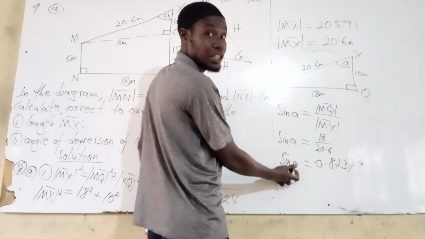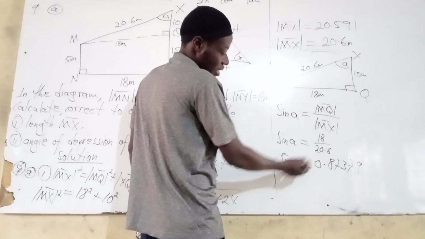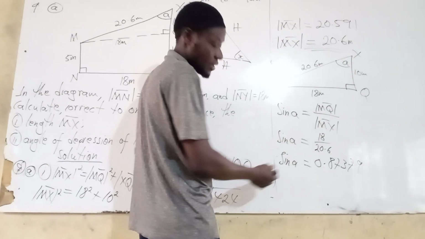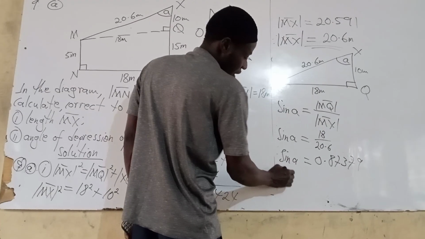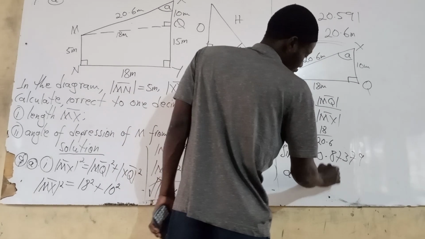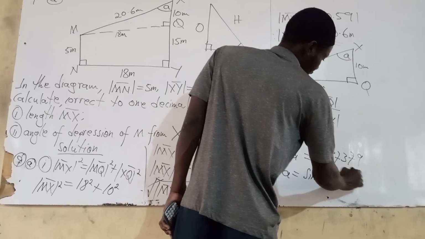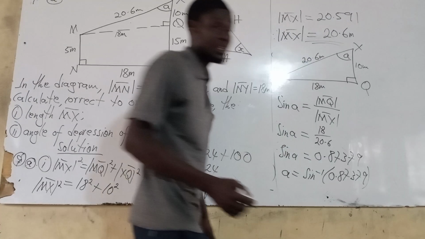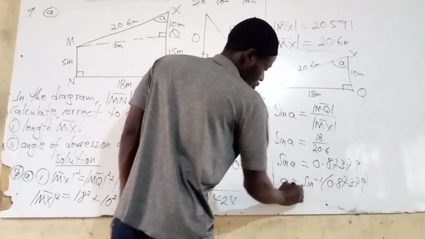Then you find your angle A by taking the sine inverse of both sides. So A is equal to the sine inverse of 0.87379.